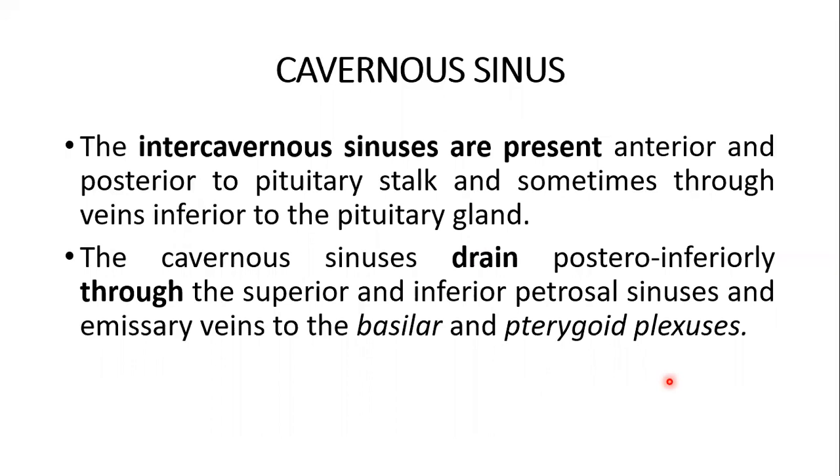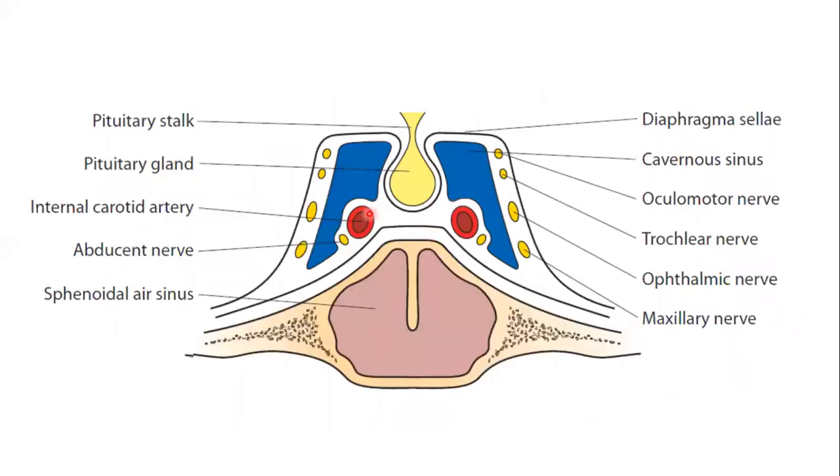I've told you about the intercavernous sinuses, anterior and posterior, the drainage, the relations in detail, and what structures go through its wall. Briefly, passing through its substance are the internal carotid artery and the sixth cranial nerve, the abducent nerve.